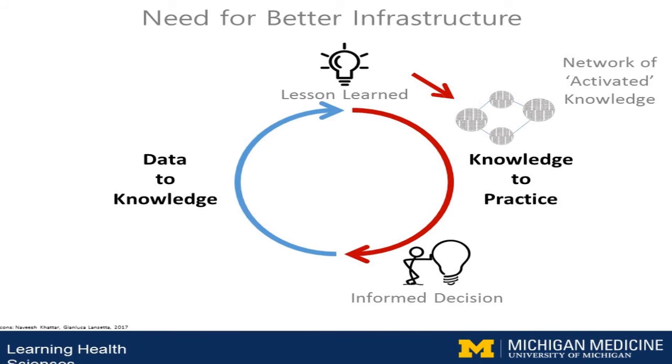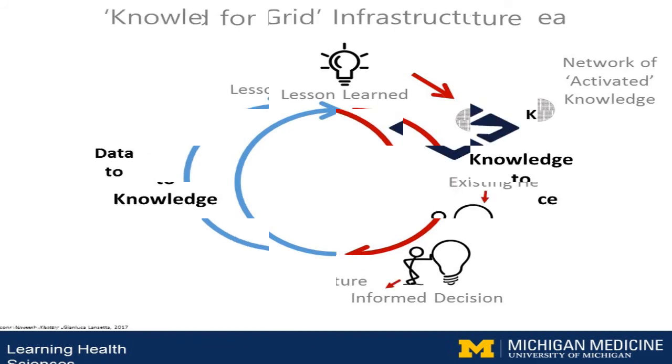We are working on infrastructure so that once we learn something from our capacity to do the biomedical science, we can then encode that, make it activated, put it in a network of knowledge like that, connect it to other knowledge, and then use it to inform decisions in practice. This is what we're working on.